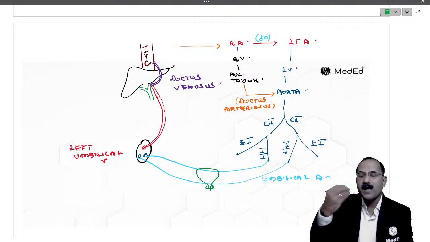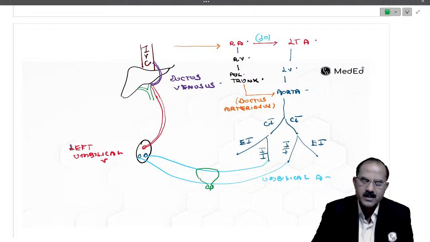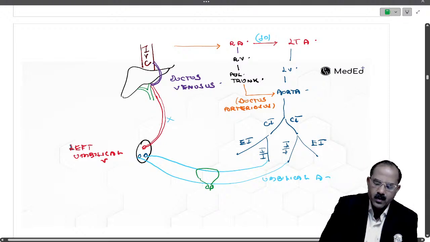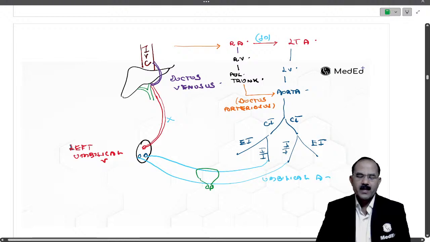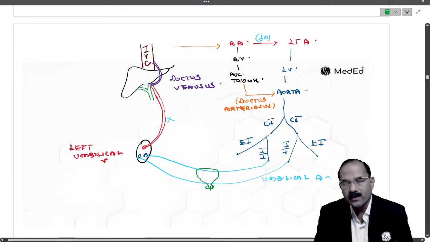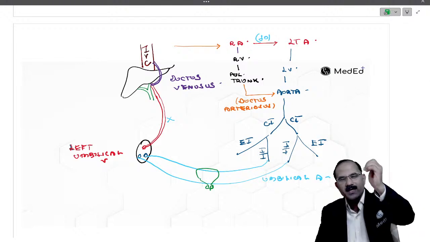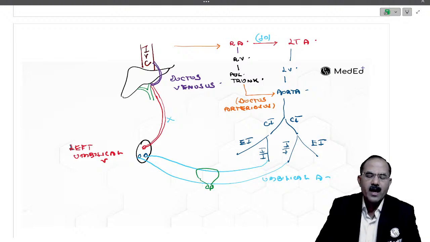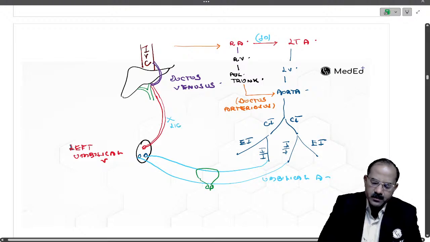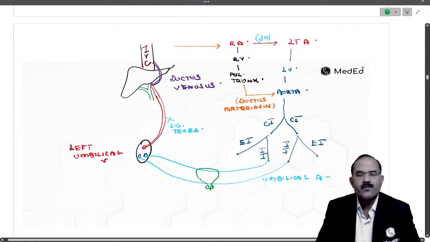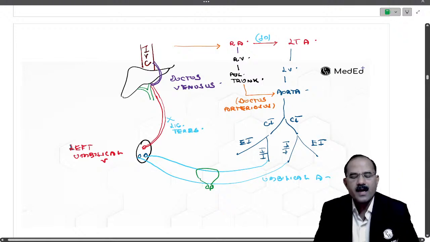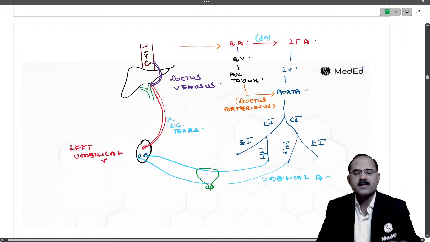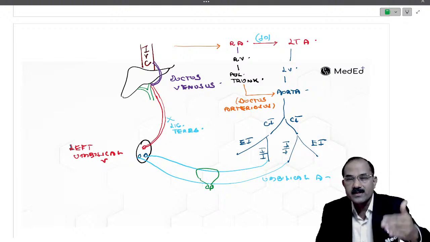Now, what happens after birth? Yes, bacho, what happens after birth? This is gone. The left umbilical vein after birth becomes what? Come on, you can answer this. The left umbilical vein after birth becomes the ligamentum teres, and this ligamentum teres is present in the falciform ligament.